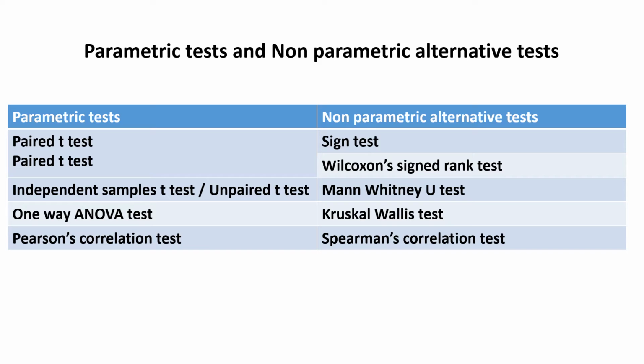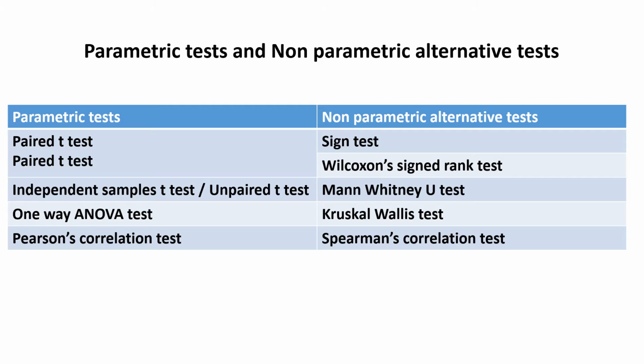Paired t-test can be applied when the data are paired, or before and after data are there. Another non-parametric alternative test is the Wilcoxon signed rank test. That is an alternative to the paired t-test. So two alternative tests are there for the paired t-test: one is the sign test, the second is the Wilcoxon signed rank test.